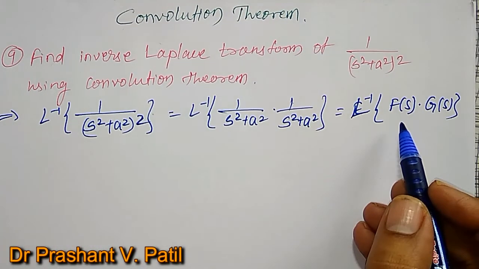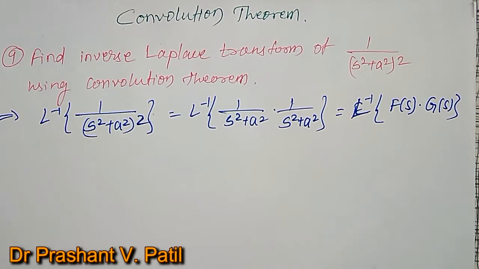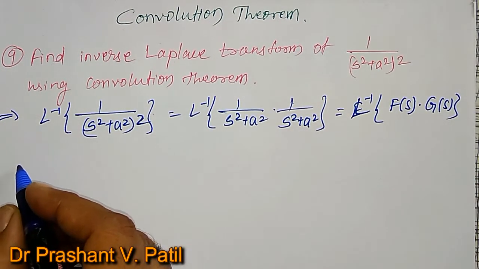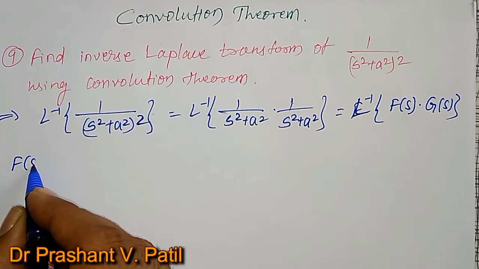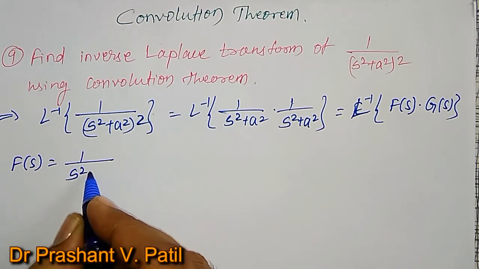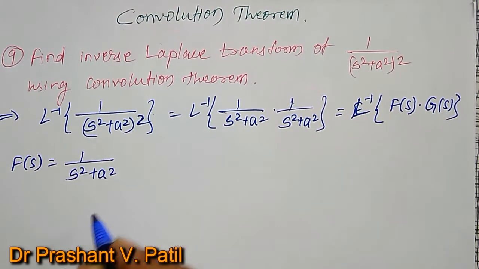Now, to apply the convolution theorem, I want f of t. F of s is equal to 1 divided by s square plus a square.